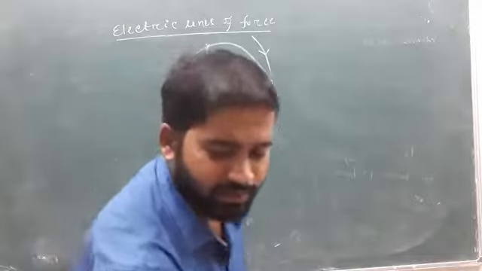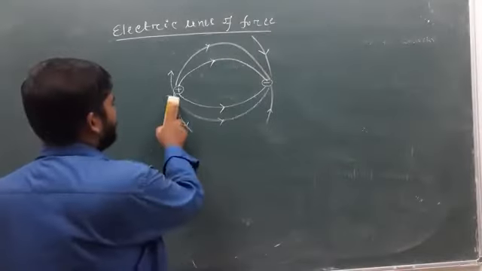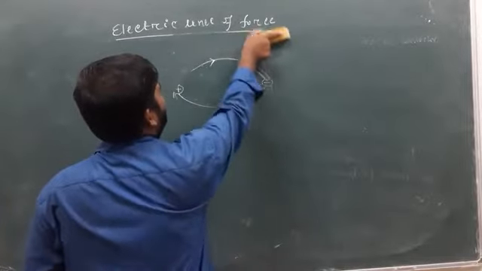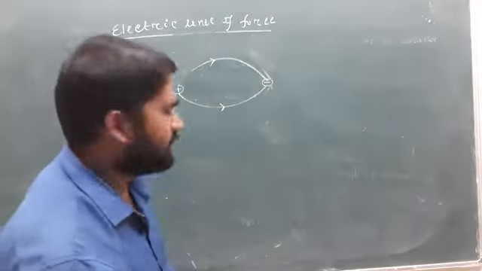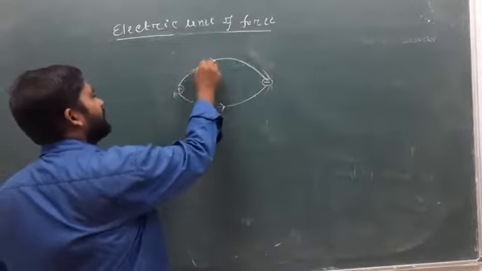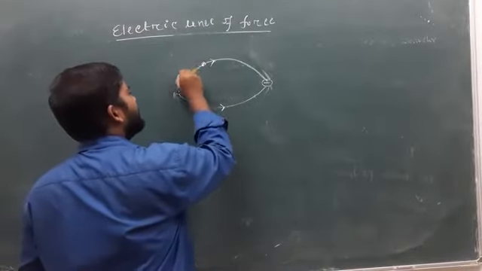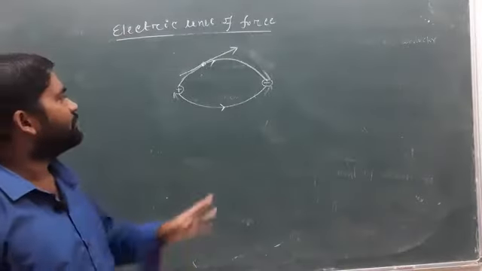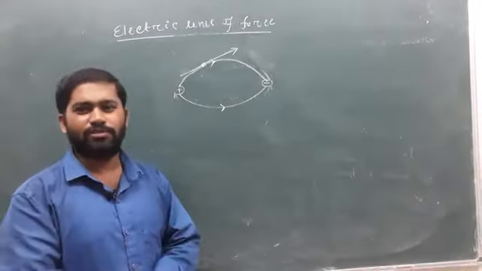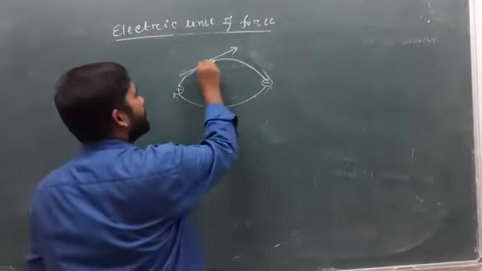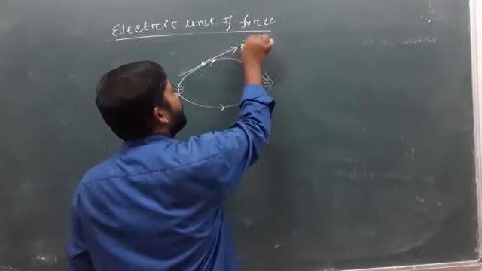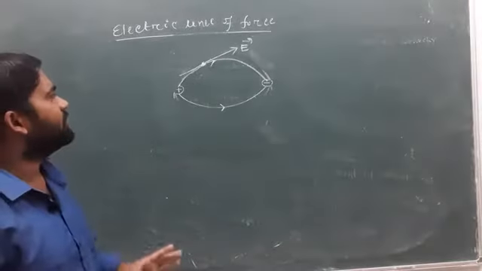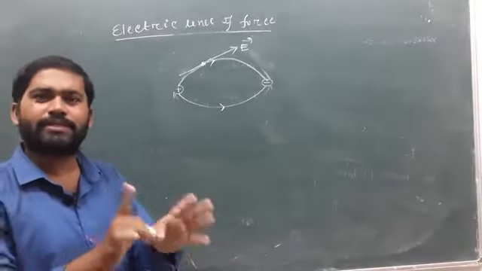If we consider any point on that line and draw a tangent at that point, the tangent will represent the direction of electric field intensity at that point.